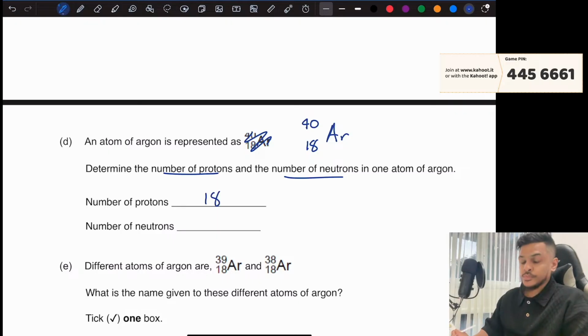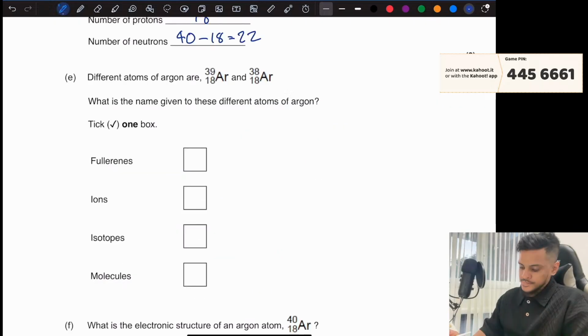Number of neutrons. If you want to work out the number of neutrons, you subtract the bottom number from the top number. So we'll do 40 minus 18 to give 20. Given two different types of atoms, you can see here the bottom number is the same. They're the same element. The atomic number is the same, but the mass number is different. We've got 39 at the top.